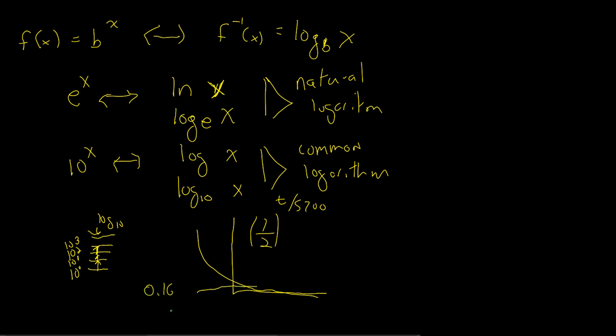And it asks you to do it graphically. And the problem is this function, 1/2 to the t divided by 5,700, is hugely sloped. It looks like a straight line near zero. In fact, they intersect somewhere in the 15,000s.